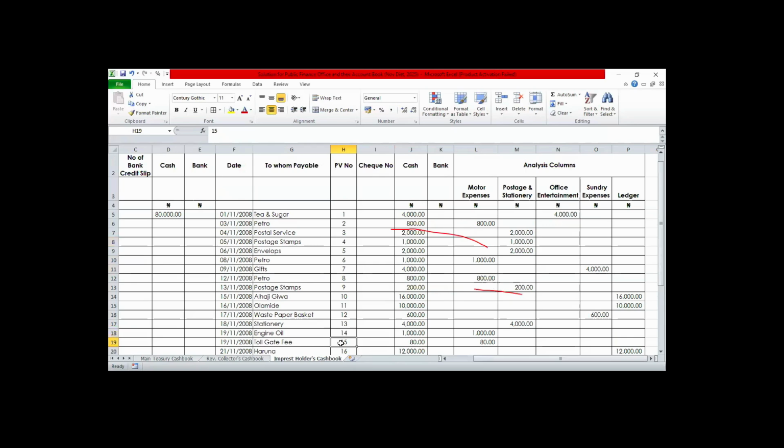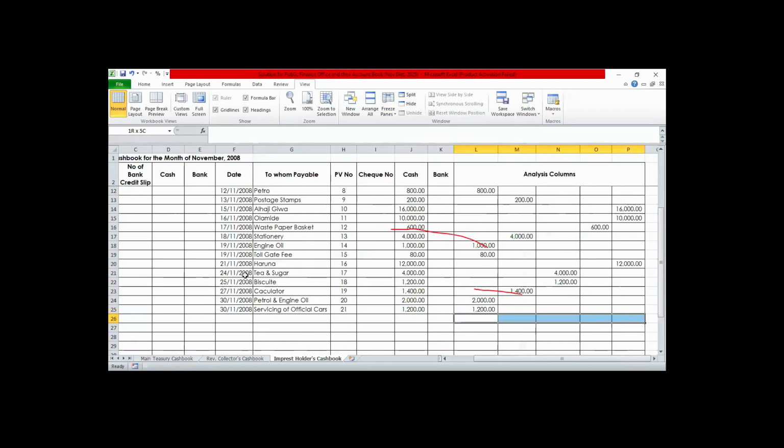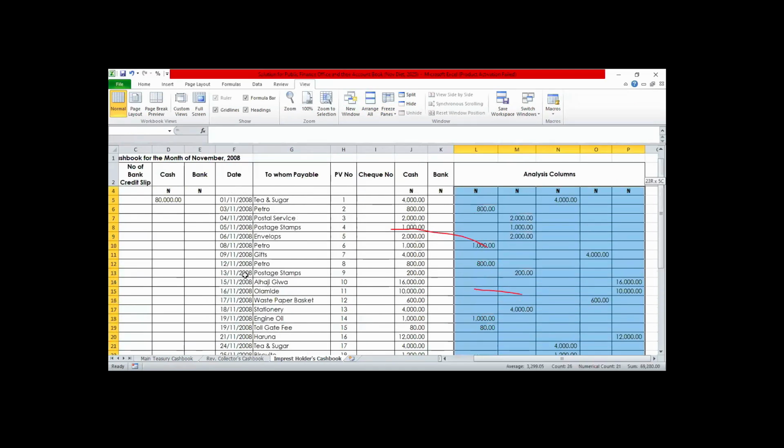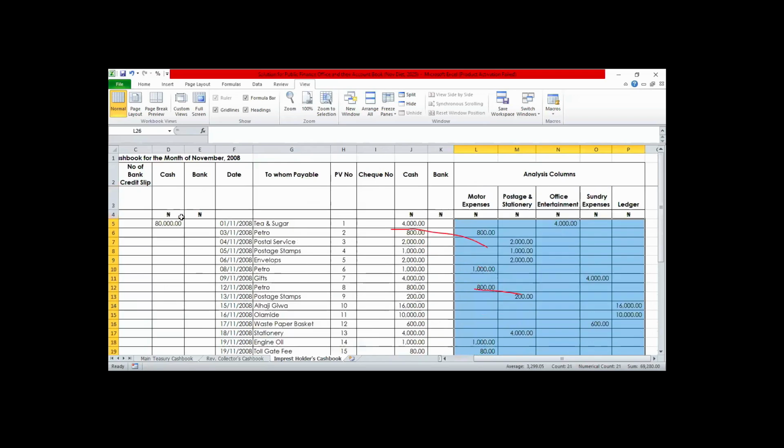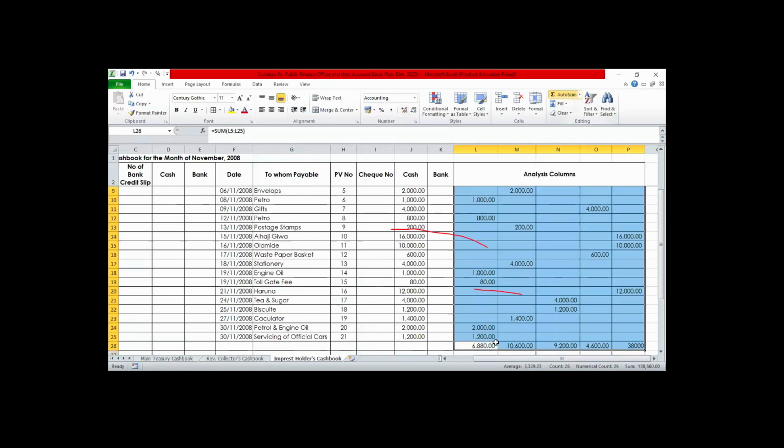Now we look for the total of everything here. Now, this is the total.